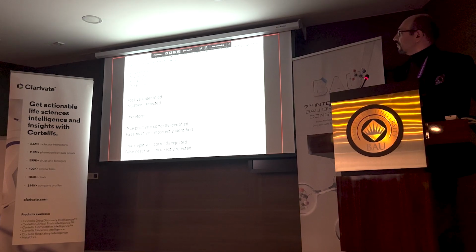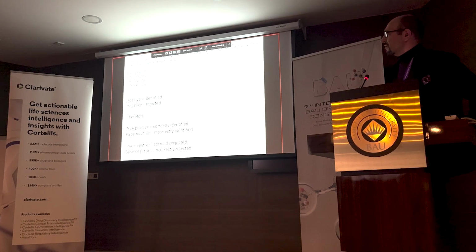Because what we are expecting is an authorized person, which is true, and it is allowing them to pass, which is positive. Positive is identified, negative is rejected. Therefore, true positive is correctly identified, and false positive is incorrectly identified, right?